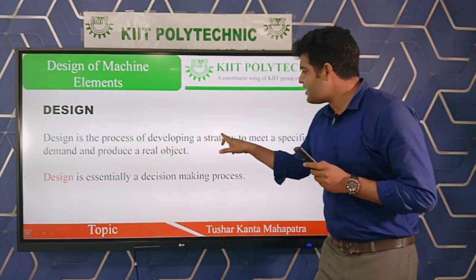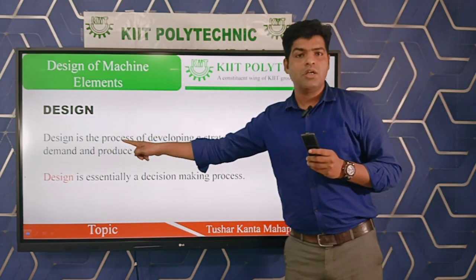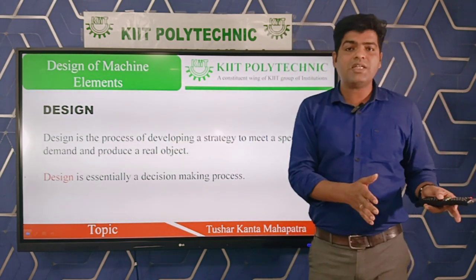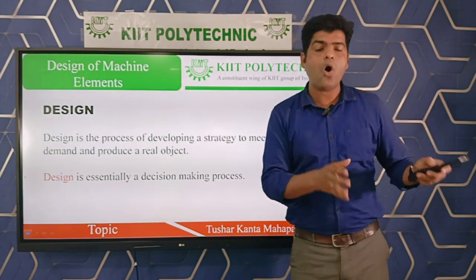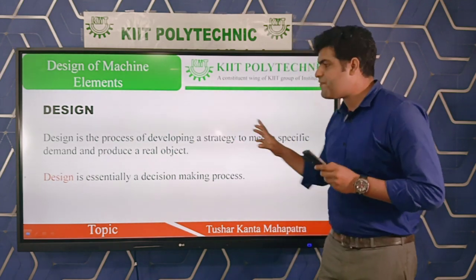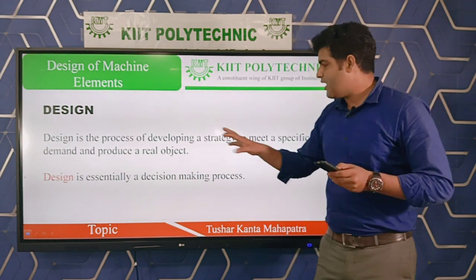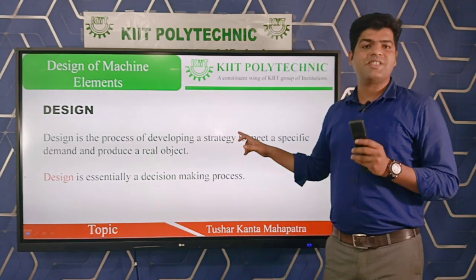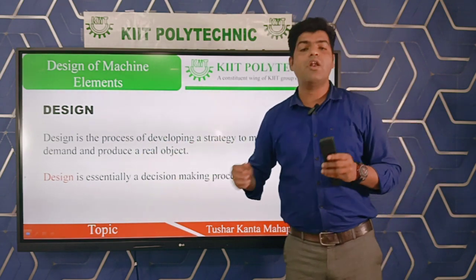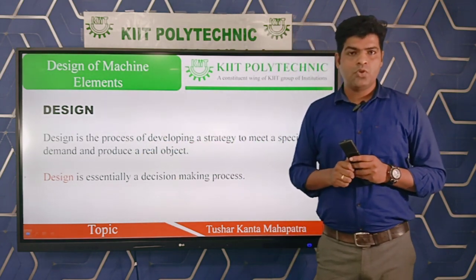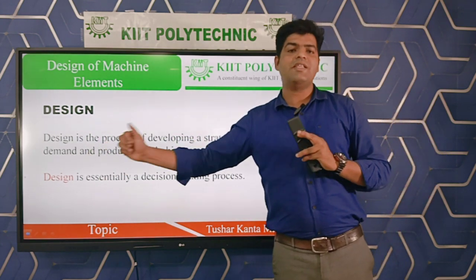That means developing a strategy to meet a specific demand, whether that object or design is required for humans or not. After getting the proper strategy and specific demand, we produce a real object. So without design we cannot produce a product.